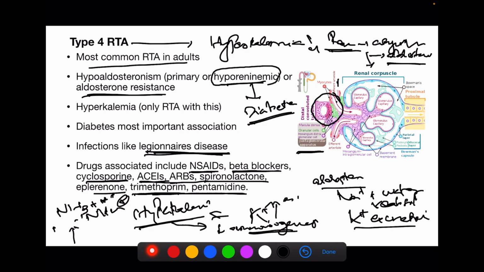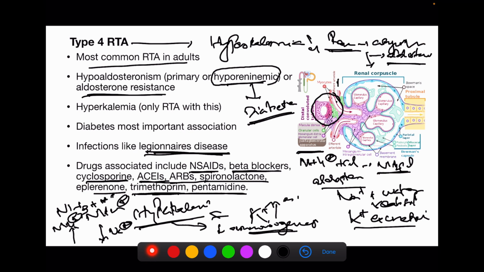To maintain electrical neutrality, ammonium is going out and sodium is coming in. And this ammonium which goes out into the lumen of the nephron combines with chloride to form ammonium chloride. Some of it goes out as ammonium chloride, and some of this ammonia is reabsorbed by the thick ascending limb of the loop of Henle, and it goes into the medullary interstitial fluid.